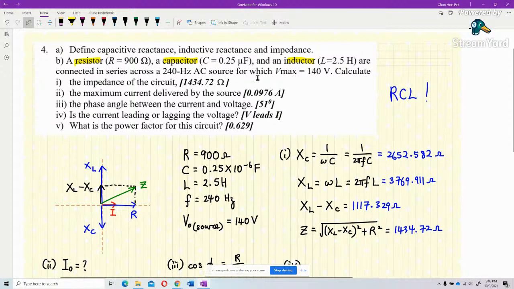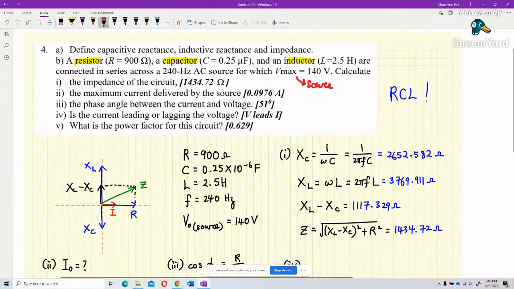This is very important. First, you must identify what kind of components. And then the source: this is the AC source with this frequency, and Vmax is 140. This is the source voltage. And maximum means the peak voltage.